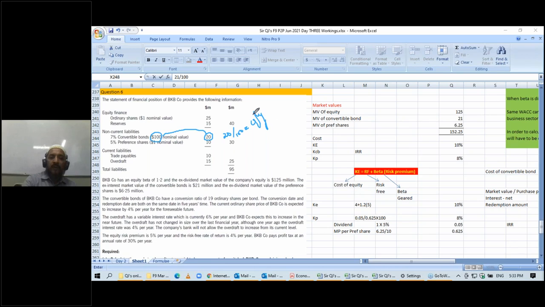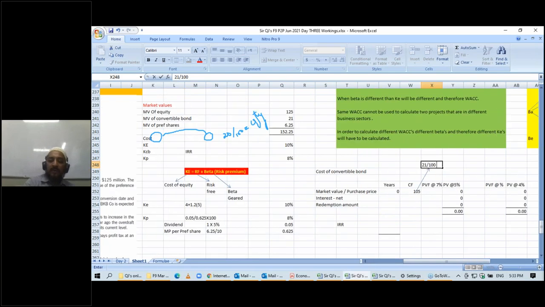First, I'm going to find the quantity, right? So let me show you the working that I was doing. So multiply this by 20. This is how you get 21 divided by 100 multiplied by 20.